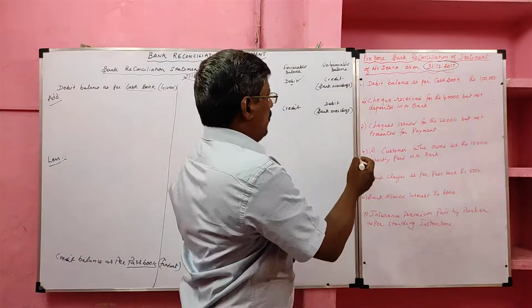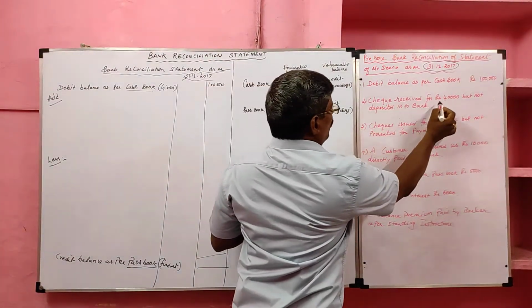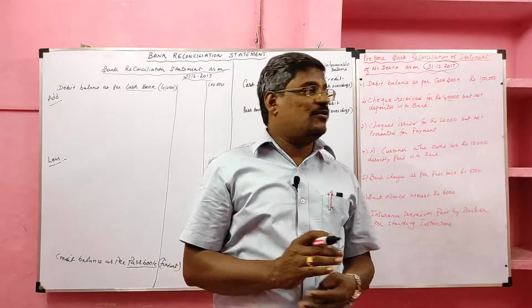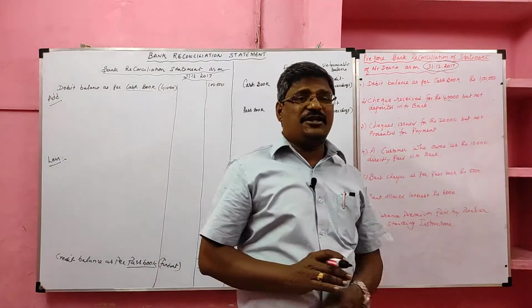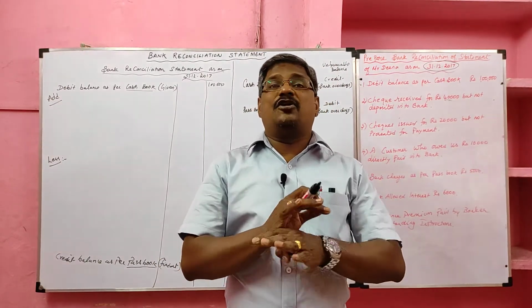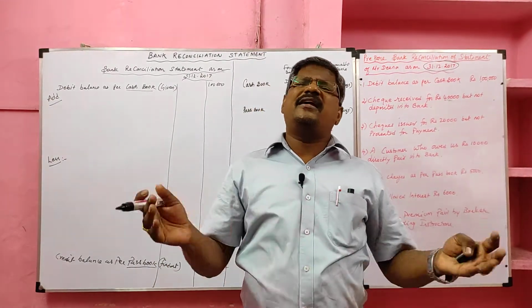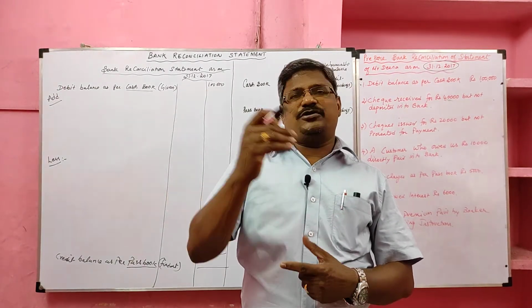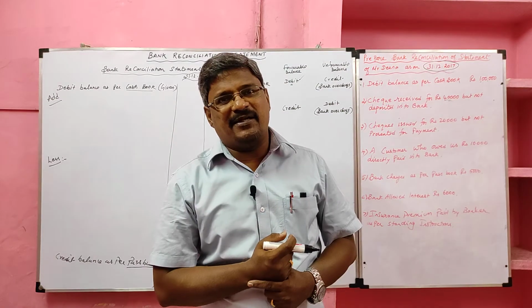Now, cheque received, rupees 40,000. Cheque received for rupees 40,000 but not deposited into bank. Where did the transaction take place? The transaction took place in the cash book.